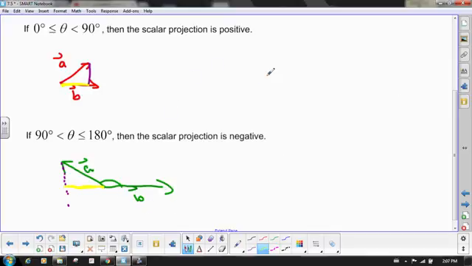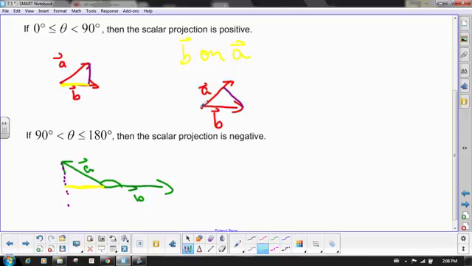Now, let's look at this little diagram to talk about what would happen if we were to do the projection of B on A. I'm going to redraw that little picture. So I have B, I have A. This time I go to the tip of vector B and I draw a perpendicular.